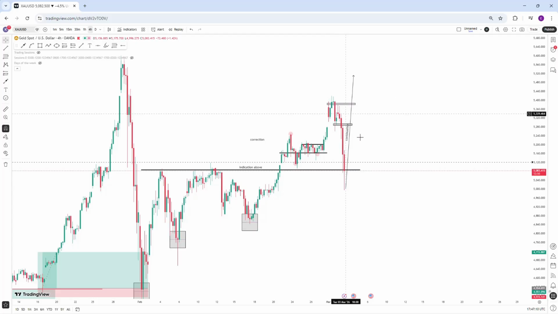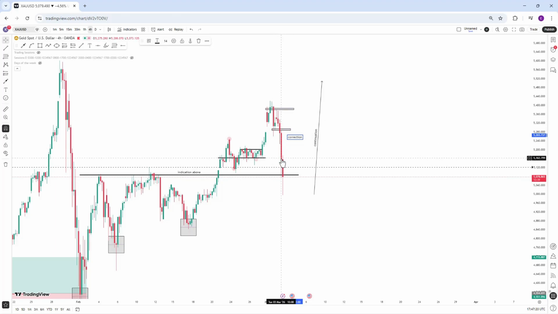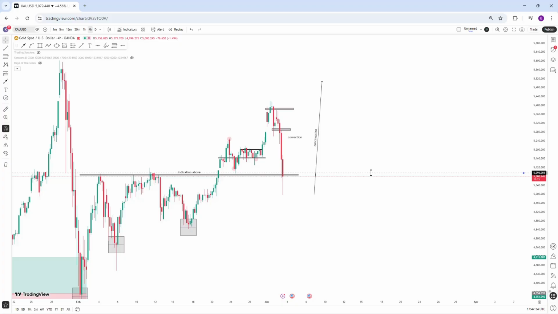So you see price comes below this level. What we're doing right now is just waiting. I just set my alert here above this level. We're looking to buy gold. So when the market comes back above here, we're looking to buy.